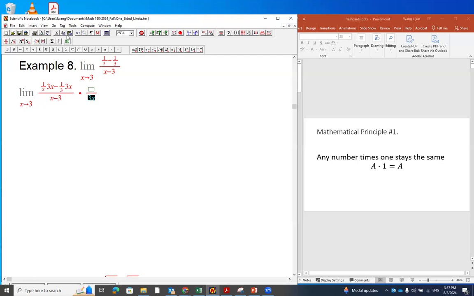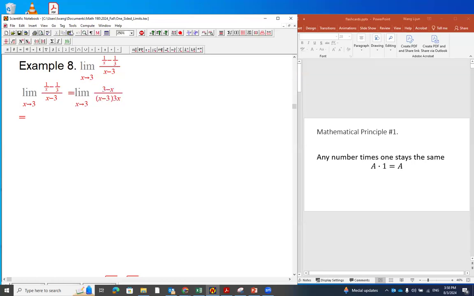Boom. Right? So that's what we did. And reduce it. x and x reduce, so we have 3 minus x. Okay? The first step, we did quite a lot. Let me put this one over here. That equals 2, right?